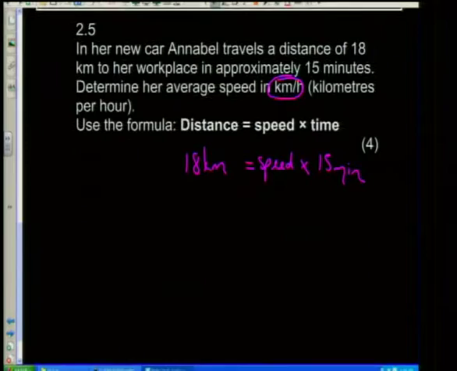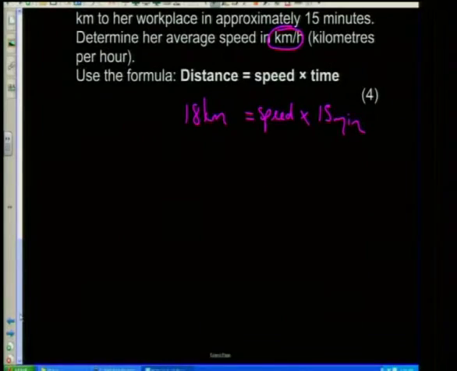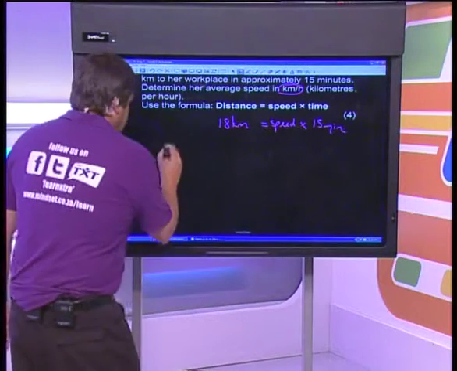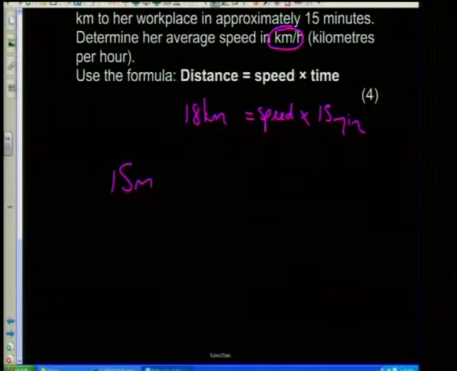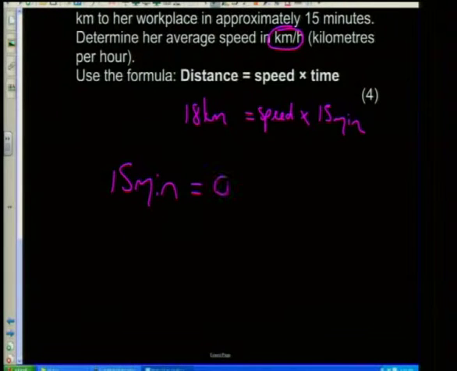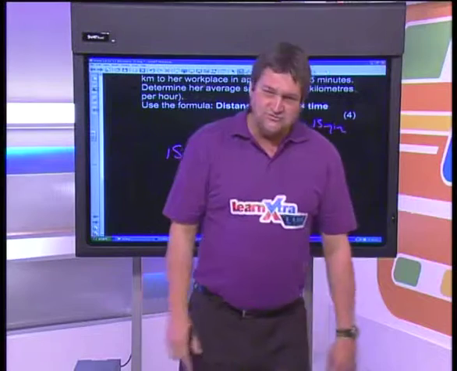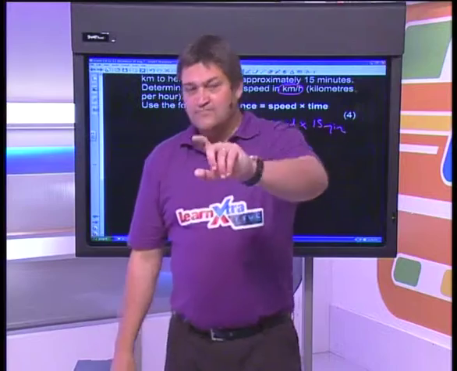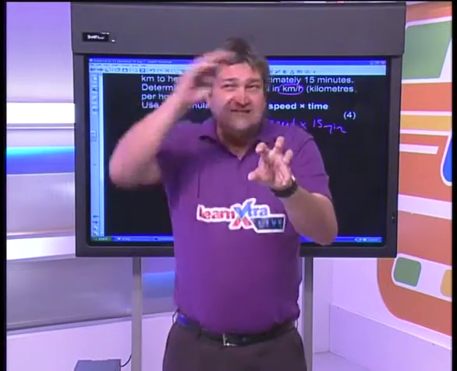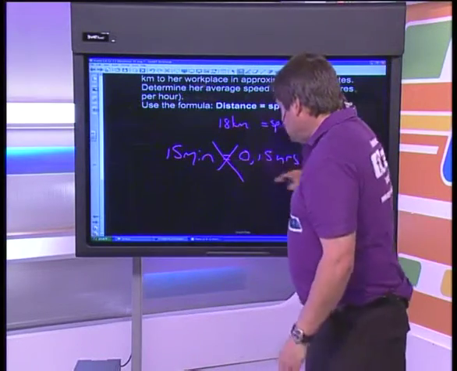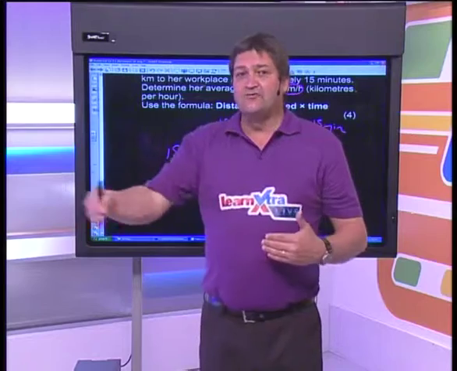Please never, ever, ever do this: say 15 minutes is equal to 0,15 hours. You may not do it. Why not? Because there are 60 minutes in an hour, whereas a decimal system is out of 100.